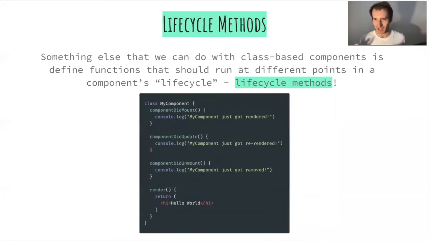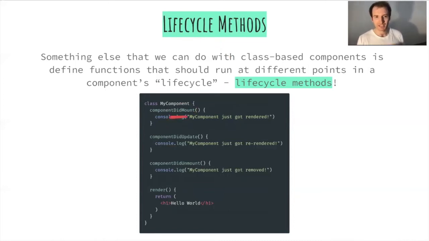Another difference that we have with class-based components to functional components is that class-based components have these things called lifecycle methods, which are these special names for methods that mean that these functions get triggered at different parts of the component's lifecycle.